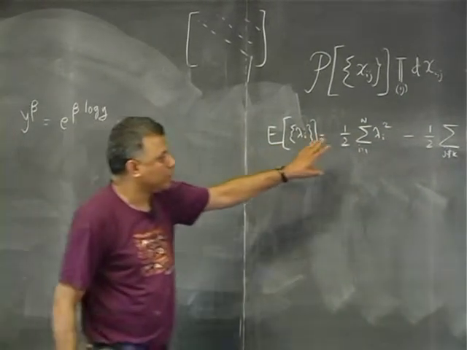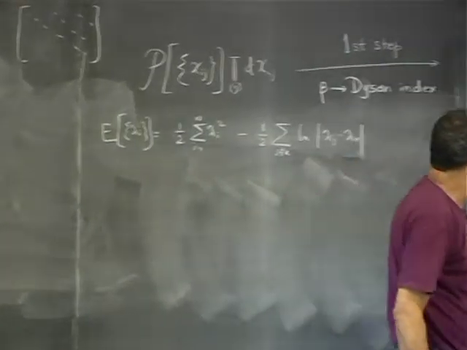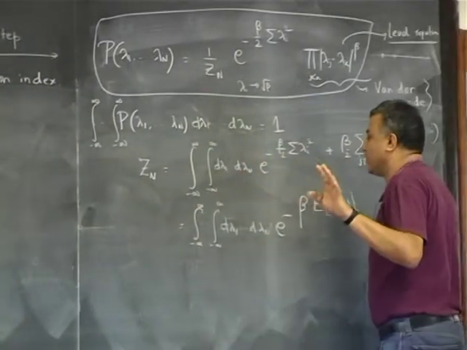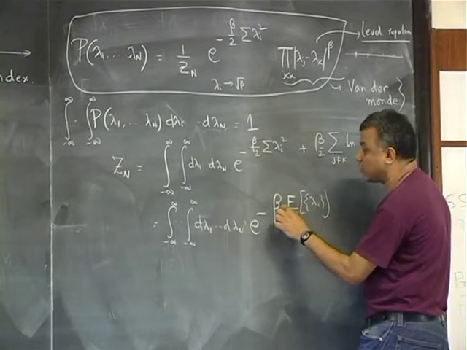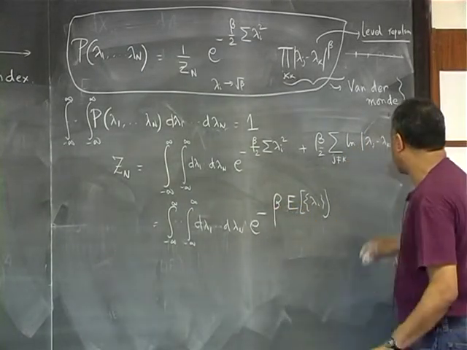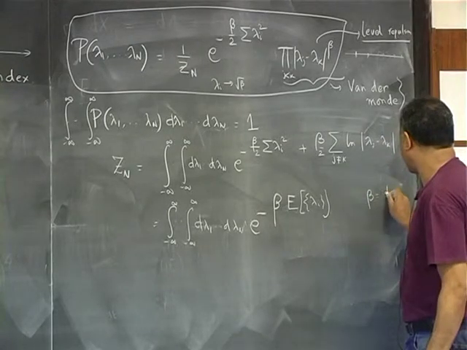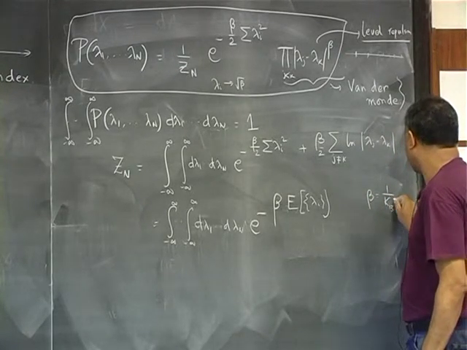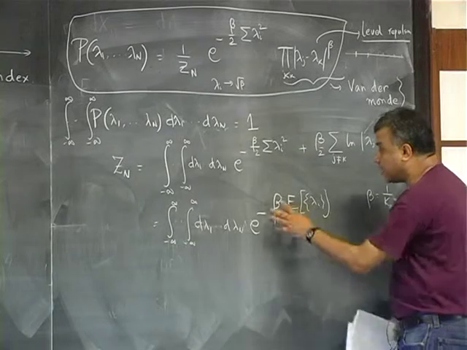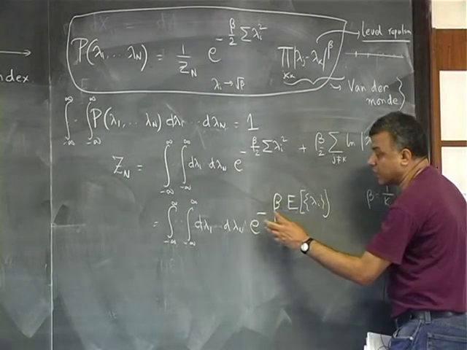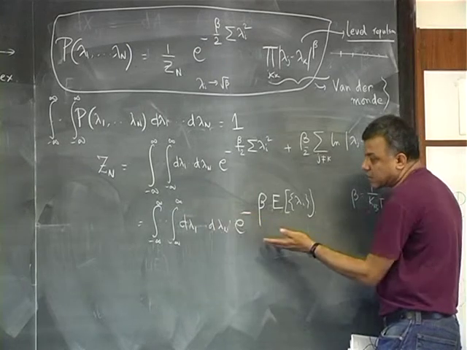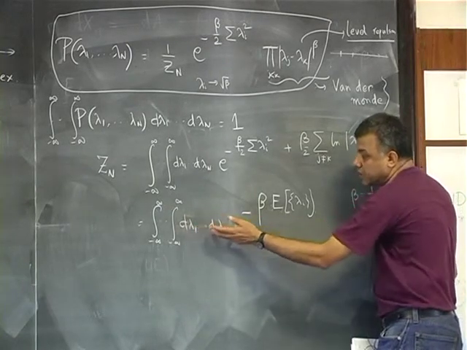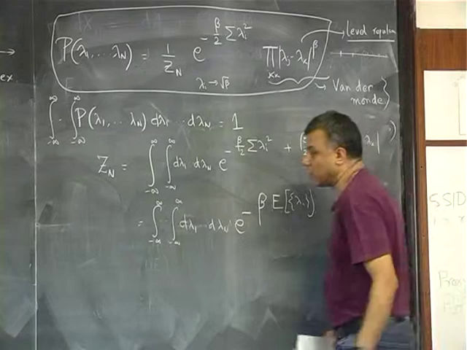Let's look at it for a minute. What is this? All of you know equilibrium statistical mechanics. This is as if the Boltzmann weight. If I think of this beta as inverse temperature, this is exactly the Gibbs-Boltzmann factor, e to the power minus beta E. This is just the partition function of a gas of particles whose positions are denoted by lambda 1, lambda 2, lambda 3, up to lambda n.